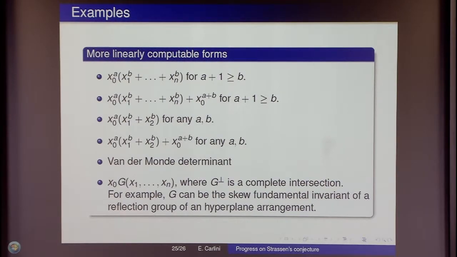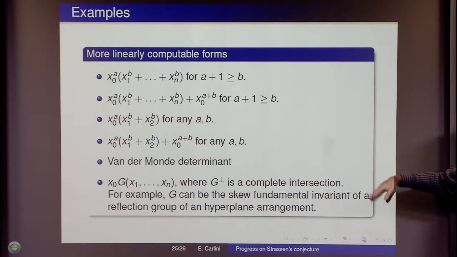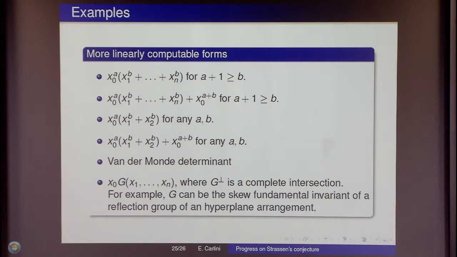And then also this big family, which again is coming from something I read in your paper, and then explained to me, is that if you have G, and you know that the perp ideal of G is a complete intersection, maybe you don't know what the rank of G is, but if you multiply G by a linear form, which is a new variable, then the form you construct in this way, you can compute the rank of it, and you know it is linearly computable.